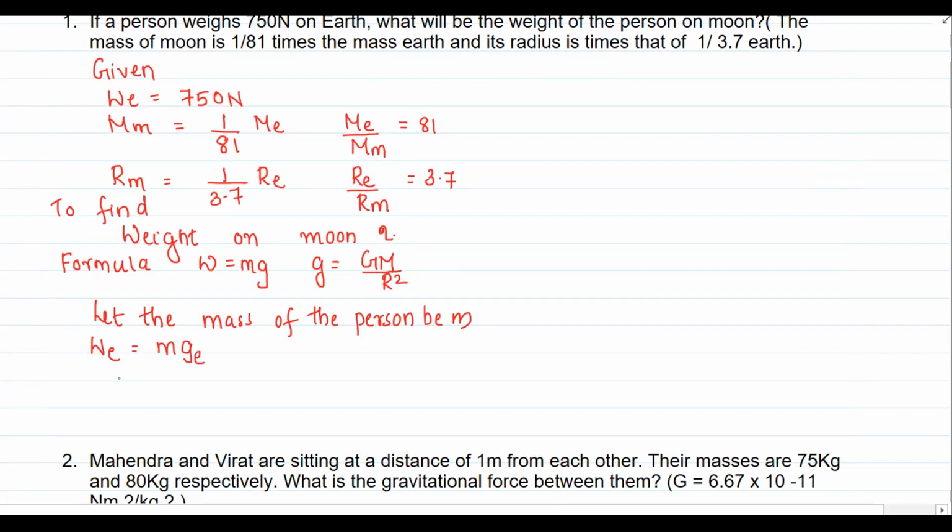That is, W is 750 is equal to m, we don't know, into g, which is GM upon r square. Capital G is universal gravitational constant. It will not change. Mass of Earth upon radius of Earth square.